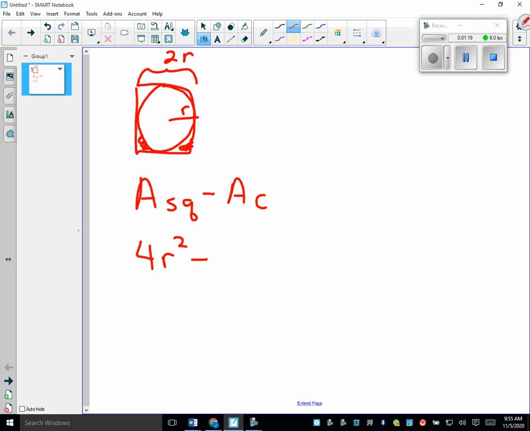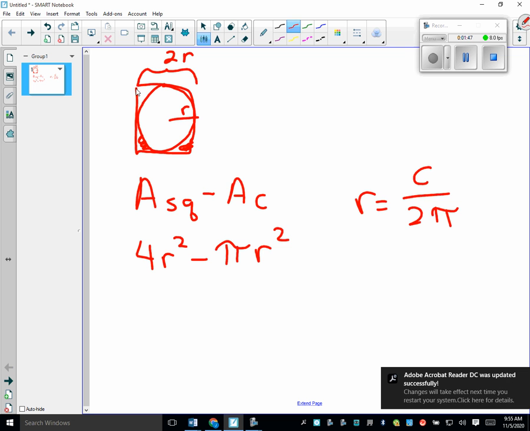So 4R squared minus, what is the area of the circle? But it's changing. Oh, so it is pi r squared. Now, I think in part A, we said the radius is equal to the circumference over 2 pi.